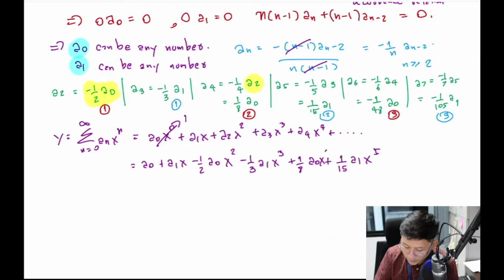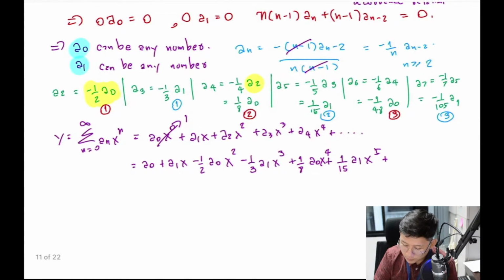Oh, sorry, I forgot x to the 4. And then plus a6, that would be minus 1 over 48 a0 x to the 6. And then minus 1 over 105 a1 x to the 7 plus blah blah blah.